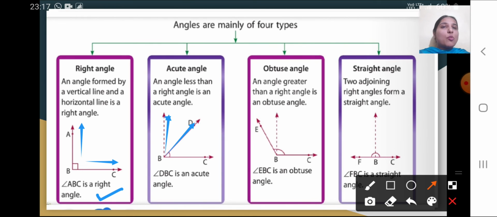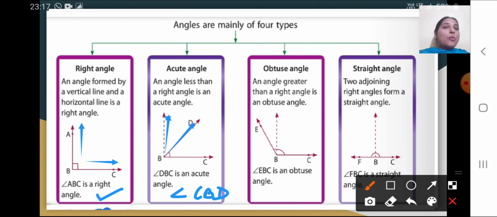This angle is smaller than a right angle, so this will be called an acute angle. And we will name it as angle DBC, or it can also be named as angle CBD. So this is an acute angle which is less than a right angle.